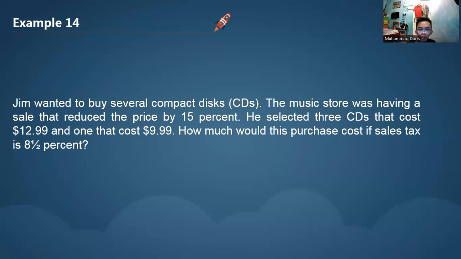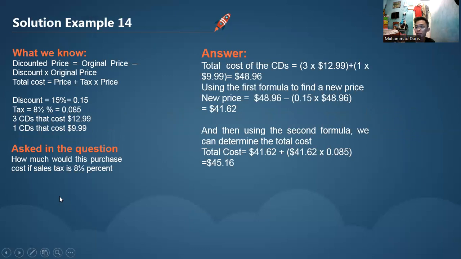8.5%? Okay, the solution for example 14. The formulas, what we know: discounted price is equal to original price minus discount times original price, and total cost is equal to price plus tax times price.